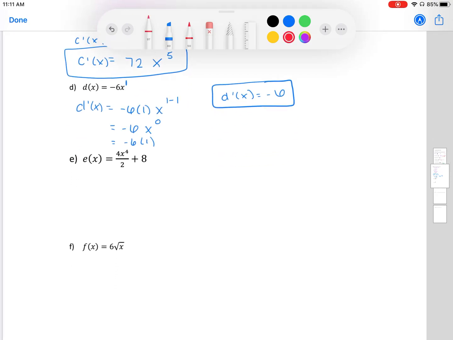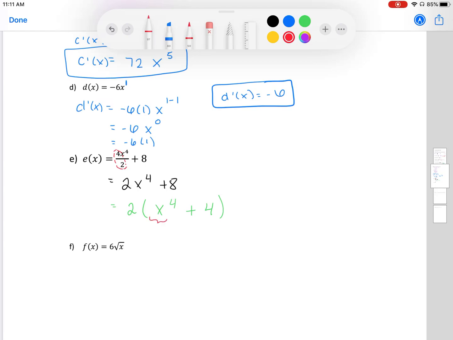Okay, next problem. We can clean it up a bit before we start. We can divide those two numbers so that I have 2x to the 4th power plus 8. Now, for some variety, I can factor out my 2 so that I have x to the 4th power plus 4, and then apply my derivative to each term.